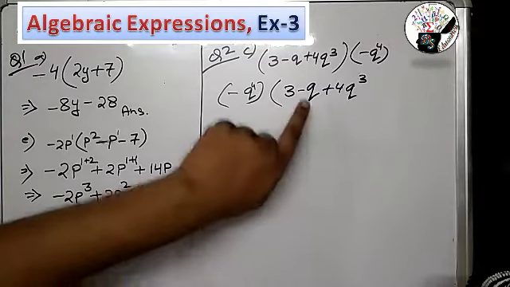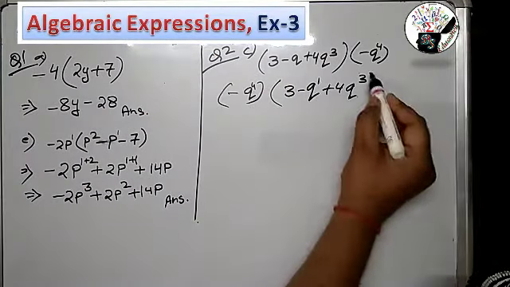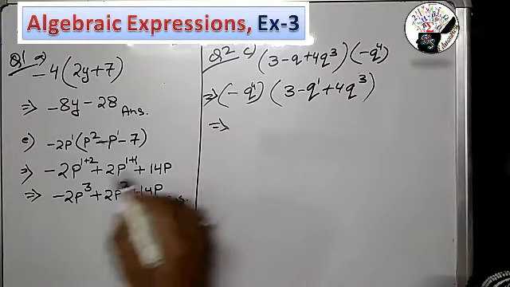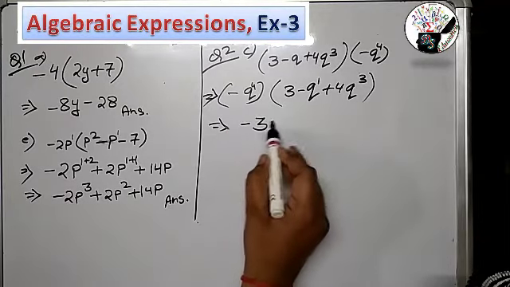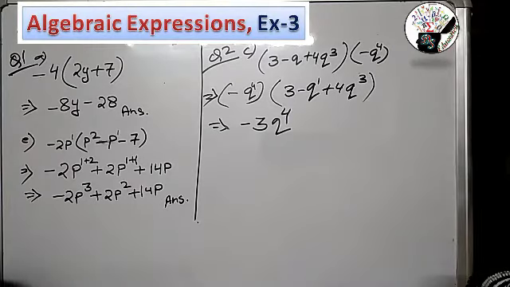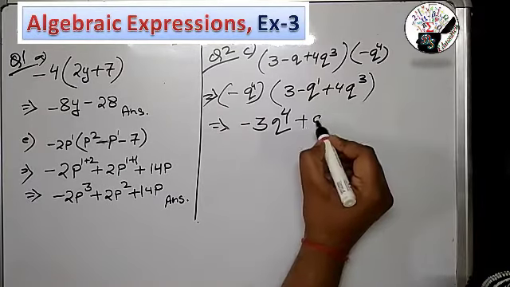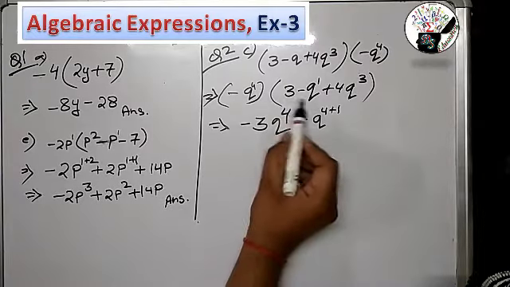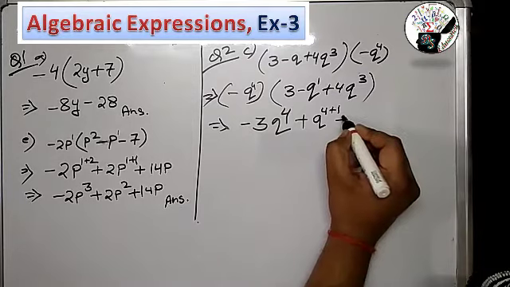Now again, in this q there is no power, so we will take it as 1. Next, this is minus q, so minus q and 3 will become minus 3q to the power 4. Got the point? Then minus plus, and it becomes q, 4 is here, so 4 plus 1, bases are same, the powers will be added. Plus.